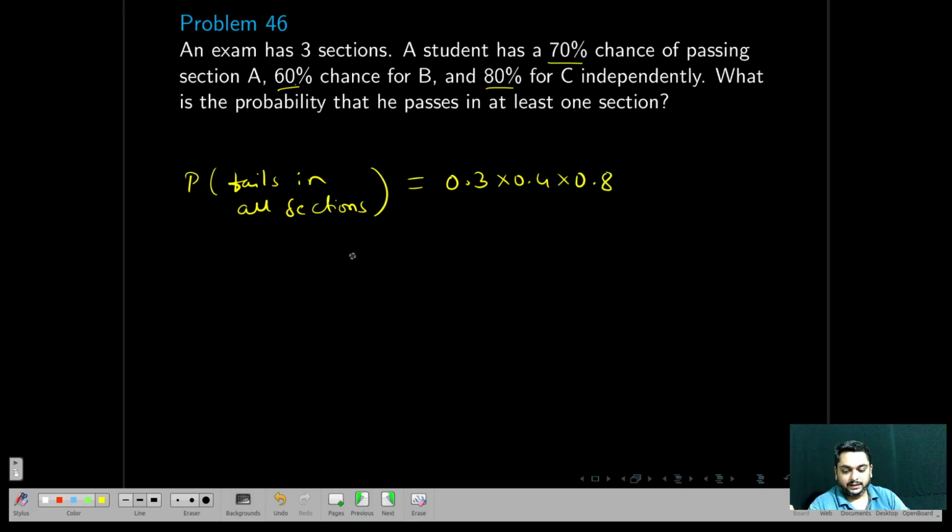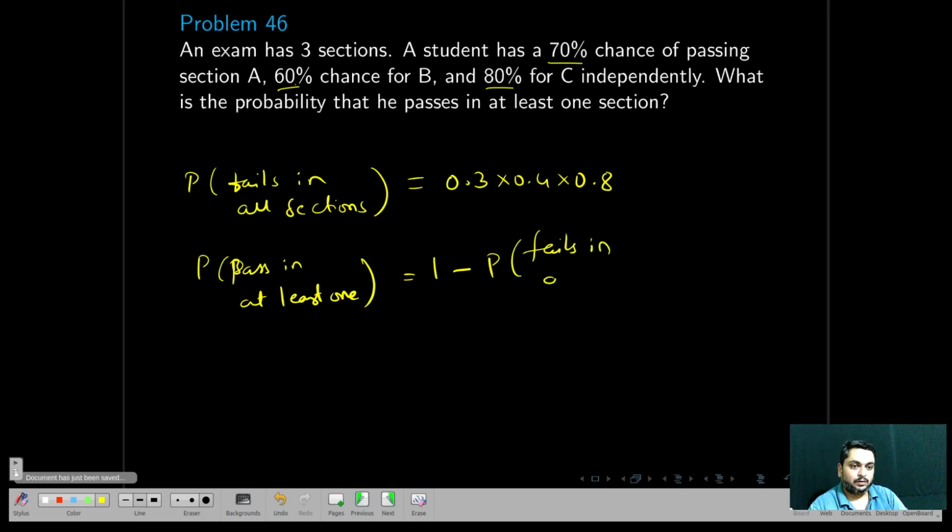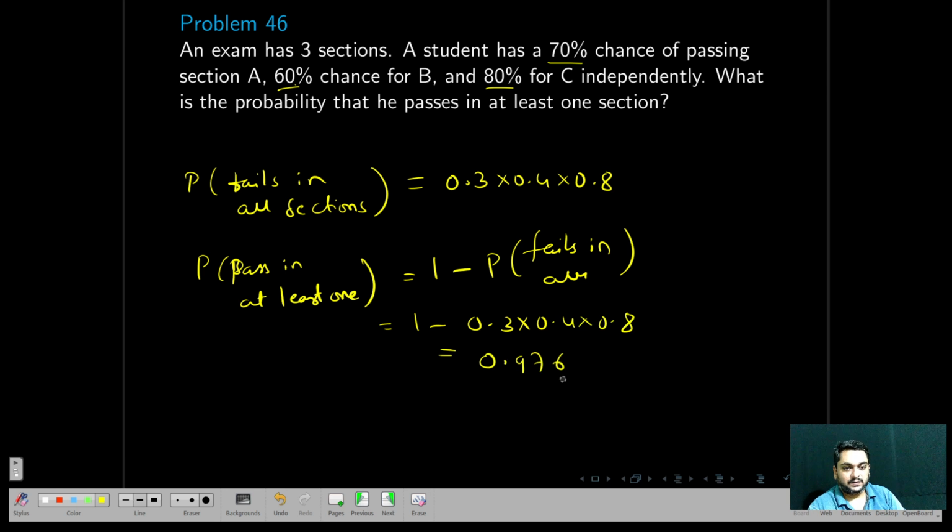Okay, then passing in at least one, similar to the previous problem, at least one is equal to 1 minus P of fails in all. So this is 1 minus 0.3 into 0.4 into 0.8. This comes out to be 0.976.